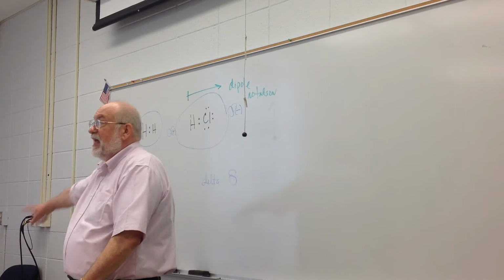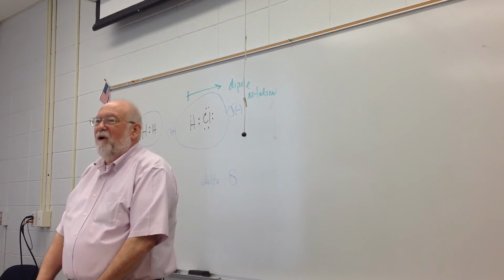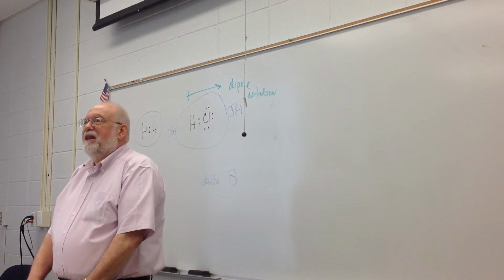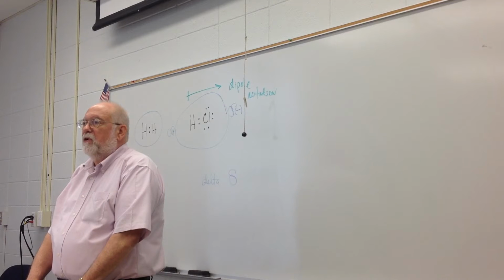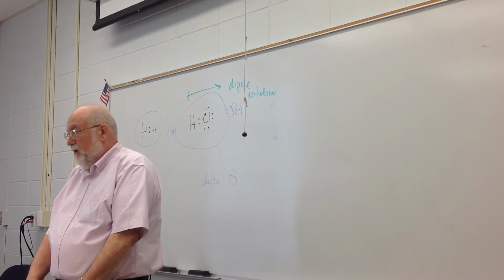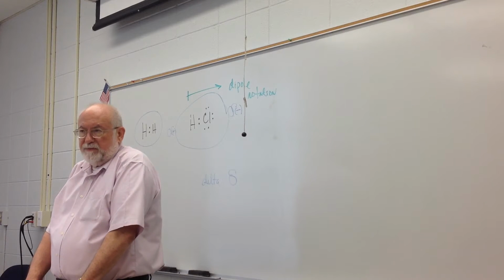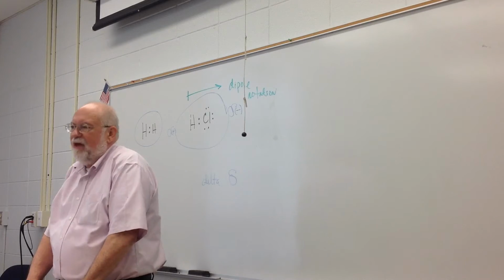Two atoms of the same element? Nonpolar. And if it's made up of two atoms of two different elements, it is likely to be polar because of the difference in electronegativities of the two elements. All right, the two atoms. Now, it's pretty simple, isn't it?